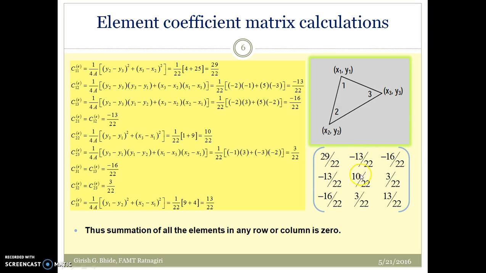If you observe carefully, you will find that the summation of all the terms in one row comes out to be 0. 29 minus 13 minus 16, that is 0. And if you add the terms in the column also, the sum is 0. That's why the comment is written as summation of all the elements in any row or column is 0.